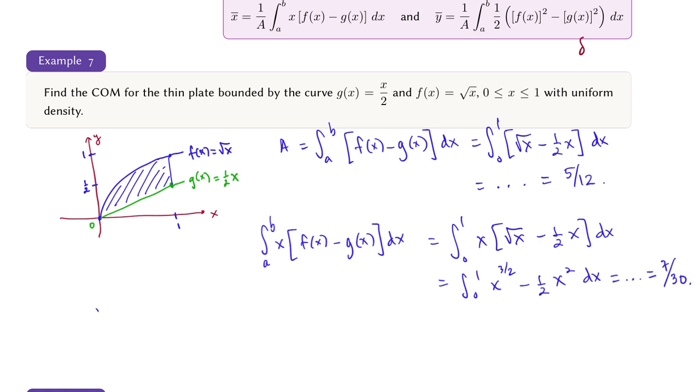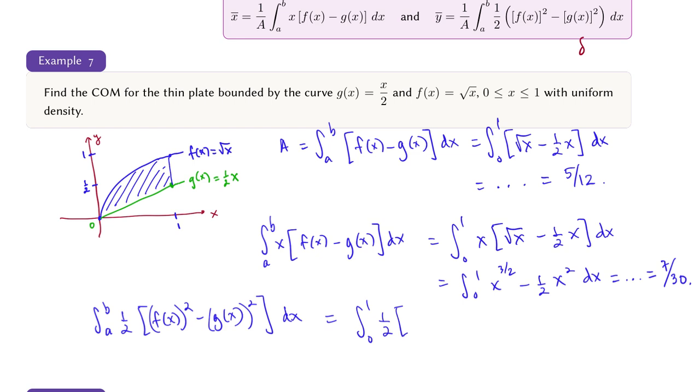The moment about the x-axis is the integral from a to b, 1/2 f of x squared minus g of x squared dx. That is the integral from 0 to 1, 1/2 the square root of x squared minus 1/2 x squared dx.